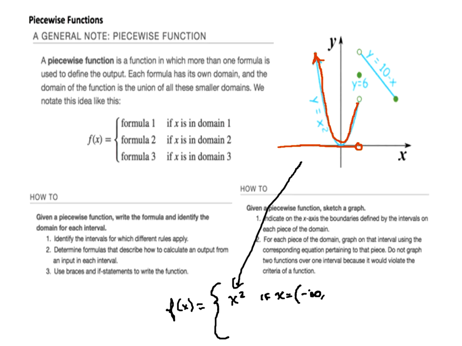When my domain is from negative infinity up to, but not including 2, I'm going to be graphing x squared. I'm going to be graphing f of x is equal to 6 if x is exactly equal to 2. And I'm going to be graphing f of x is equal to 10 minus x if x lives in the interval from 2 non-inclusive up through positive infinity.